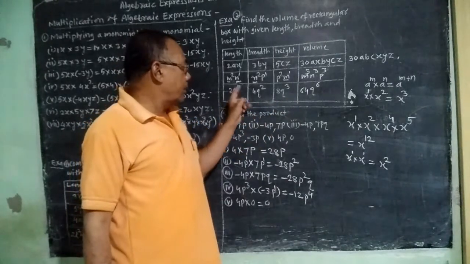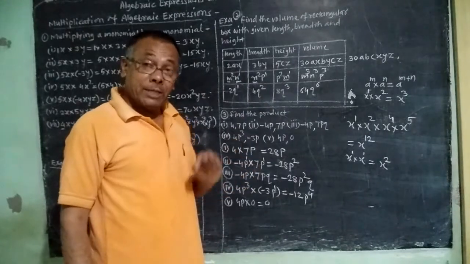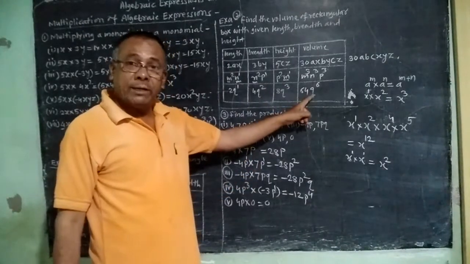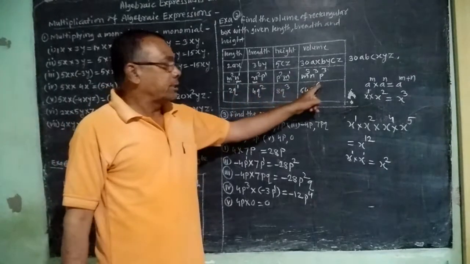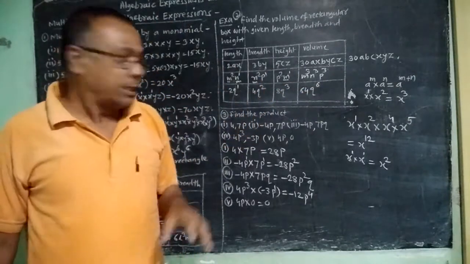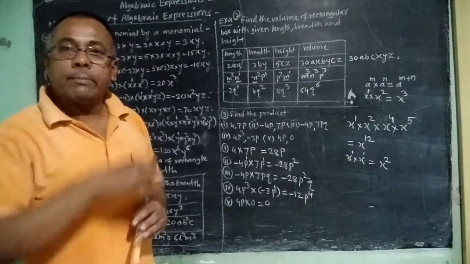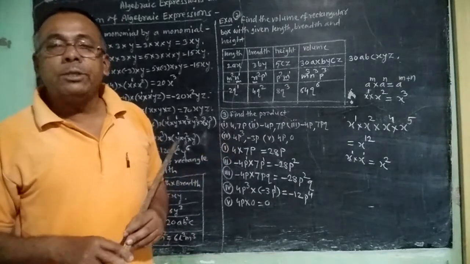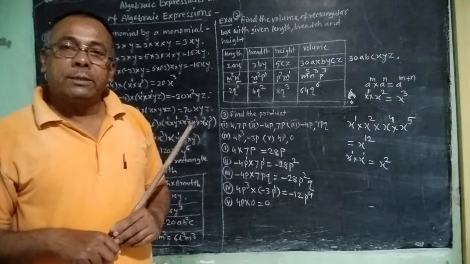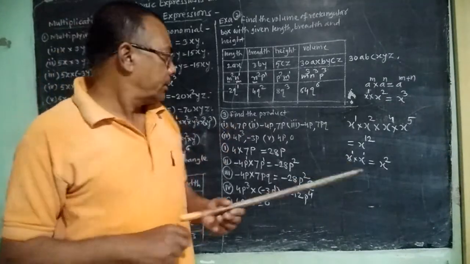Here q raised to 1, q raised to 2, q raised to 3 is there, means base is same, and therefore we will write q only one time, and add 1 plus 2, 3, 3 plus 3, 6. So the exponent is 6. So 64 q raised to 6 is the volume of that box. In this way, we have found the volumes of the box.